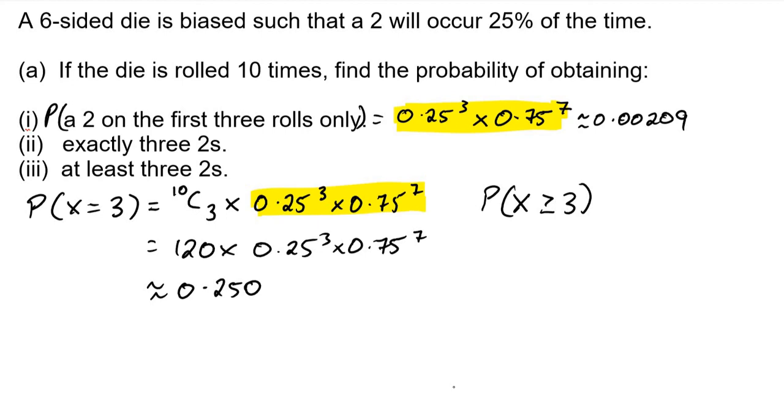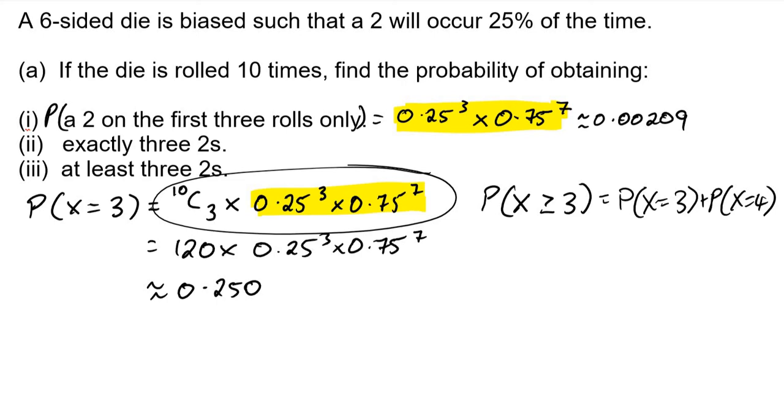There are a number of ways in which this can be done. We could do the probability that x is 3 plus the probability that x is 4, etc. But that's very, very time consuming, and we would have to do this for 3 successes, 4 successes, 5 successes, and so on, all the way up to 10 successes.